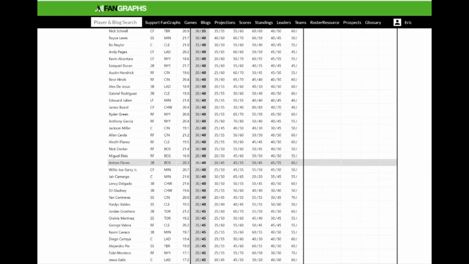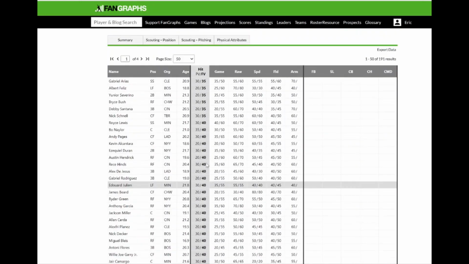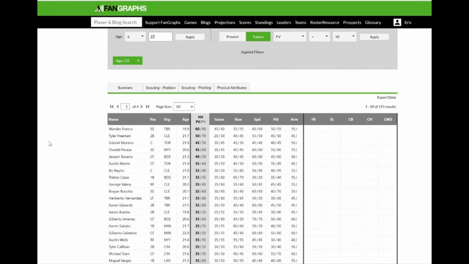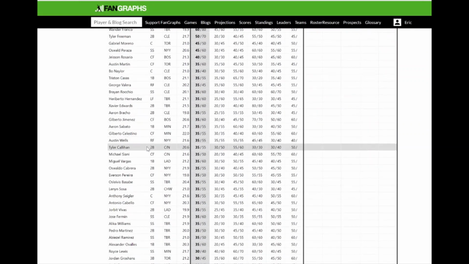These are either neutral or raw hit tool guys. And then the advanced types, Tyler Callahan, who was drafted because he can hit, Gilberto Celestino, Aaron Sabato, who just came out of college, very advanced, performed in a big conference. Right? It's players like this, high confidence in their hit tool, but they're about the age of college prospects who we'd be considering on the draft list.